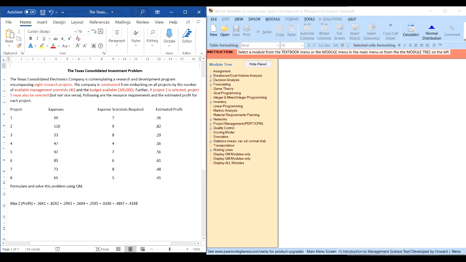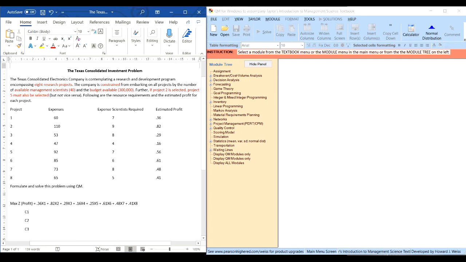Once we've entered our objective function, we have to do our three constraints. Constraint number one, constraint number two, constraint number three. The first constraint, if we look up here, number of available management scientists. Again, if that project is chosen, those management scientists must be used.